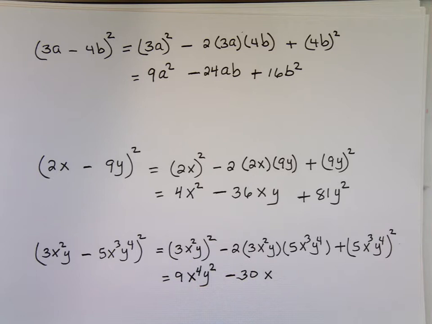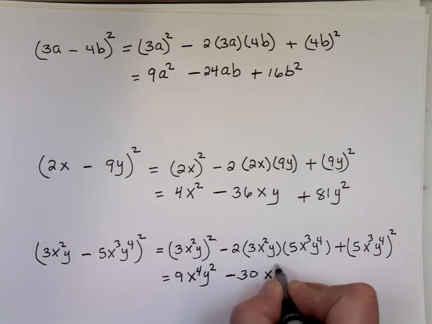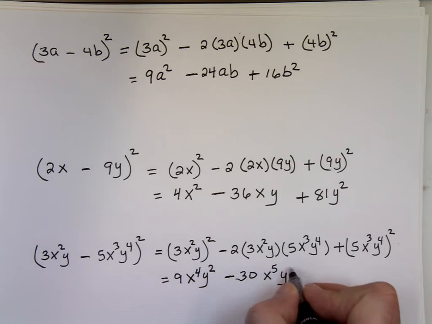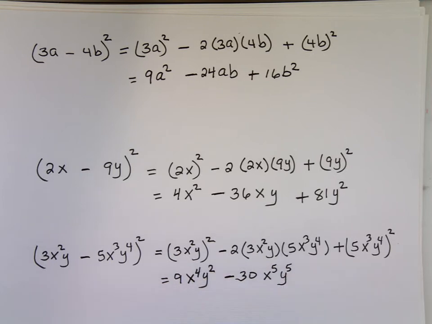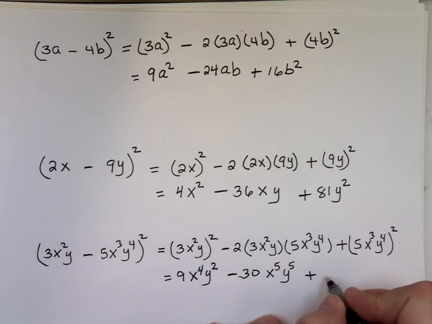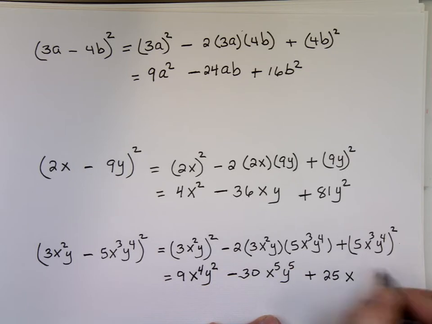What do you do with the exponents when you multiply them? Add them. 2 and 3 is 5. Y to what power? 5. What's 5 squared? 25. X to what power? 6. Y to what power? 8.